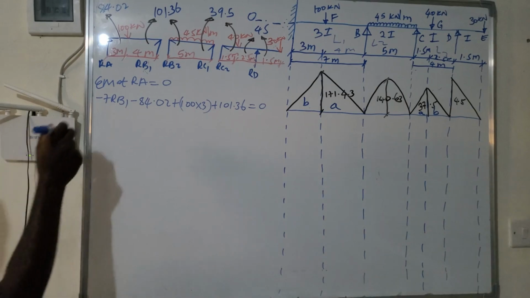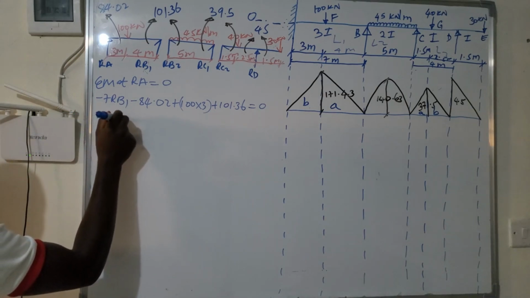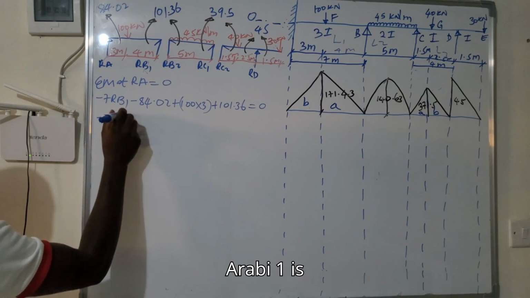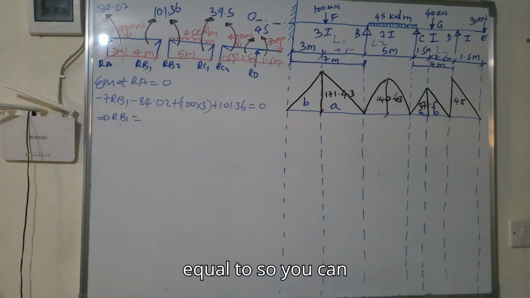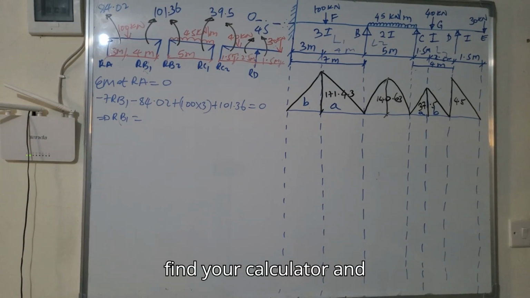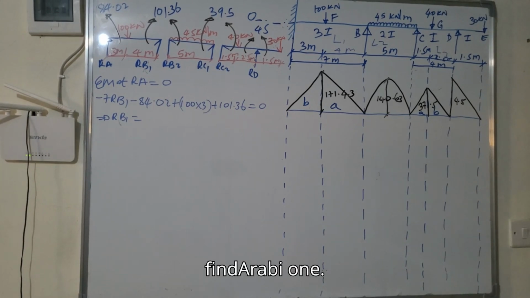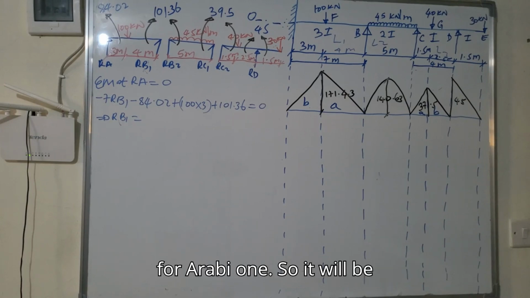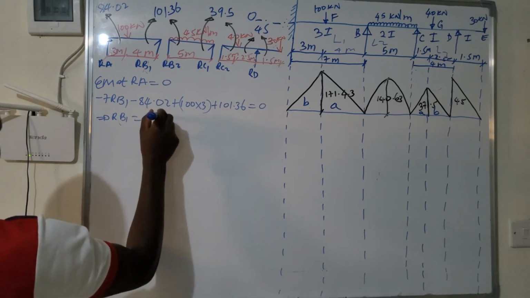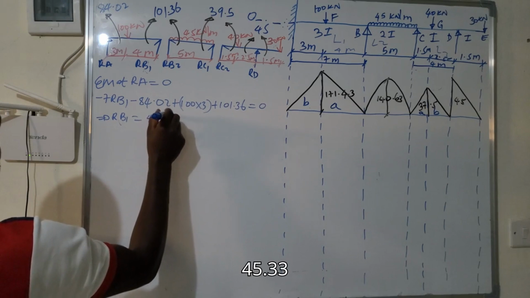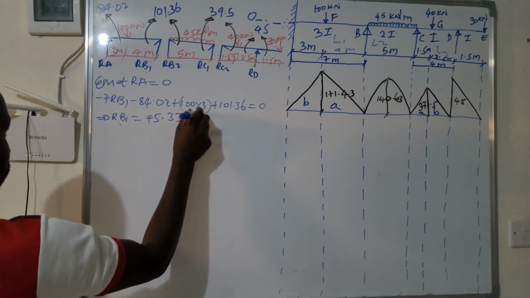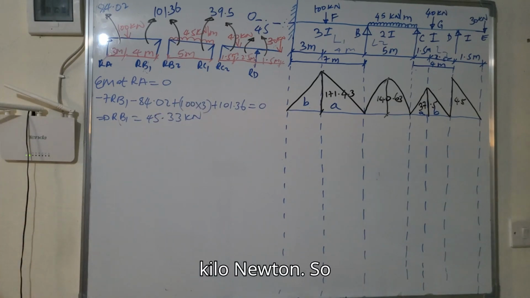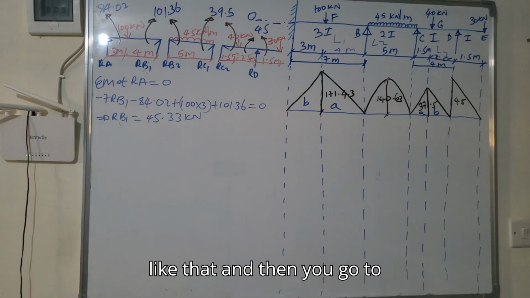So which imply RB1 is equal to, so you can find your calculator and find RB1. But here I will just give you the figure for RB1. So it will be 45.33 kilonewton. So like that.